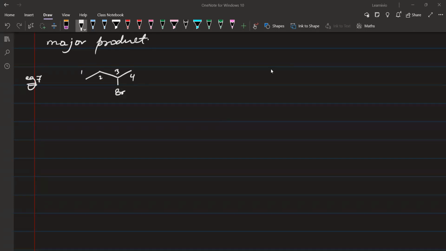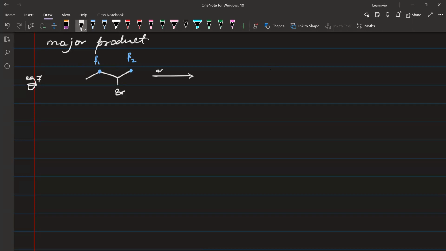From here what we can do, you can turn your mic and tell me both of these beta carbons as you have identified. This is a beta carbon, this is also a beta carbon. These beta carbons are what, same or different? Different ना. एक CH2 है, दूसरा CH3 है. ठीक है.